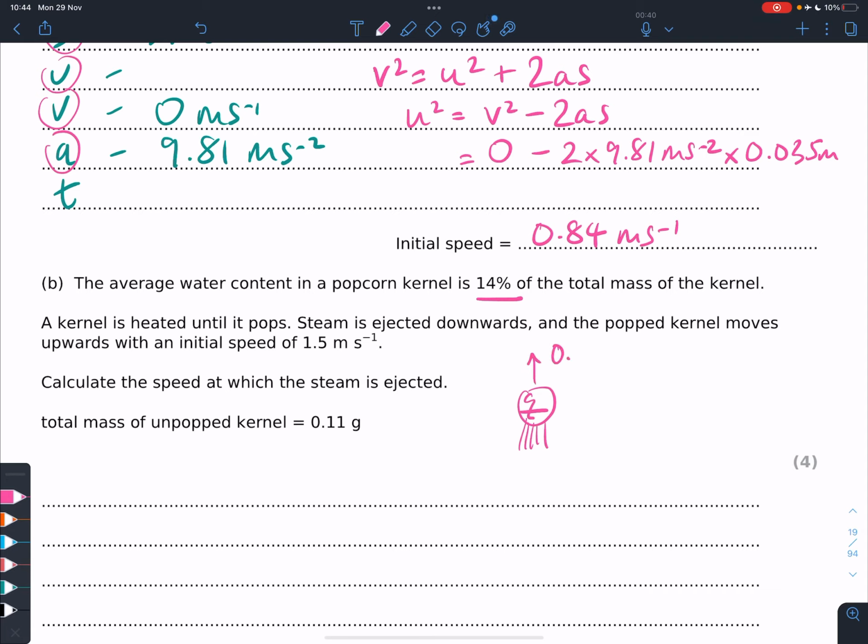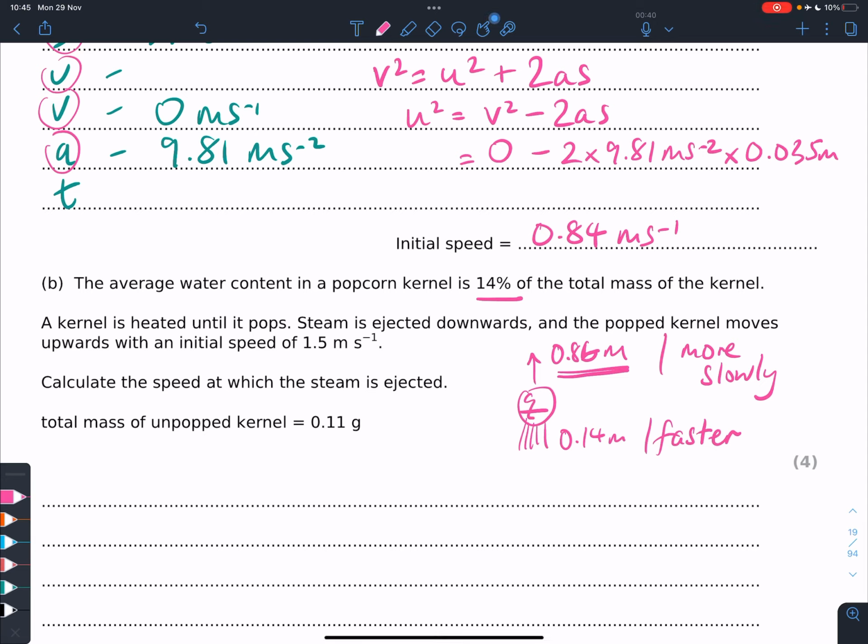So we've got 0.86 of the mass, and we've got 0.14 of the mass going down. Why that's important is because we're going to use conservation of momentum. And because this part has got more mass, when it explodes, if you like, this is going to go more slowly. More mass, more slowly, and this is going to go faster because it's got less mass.